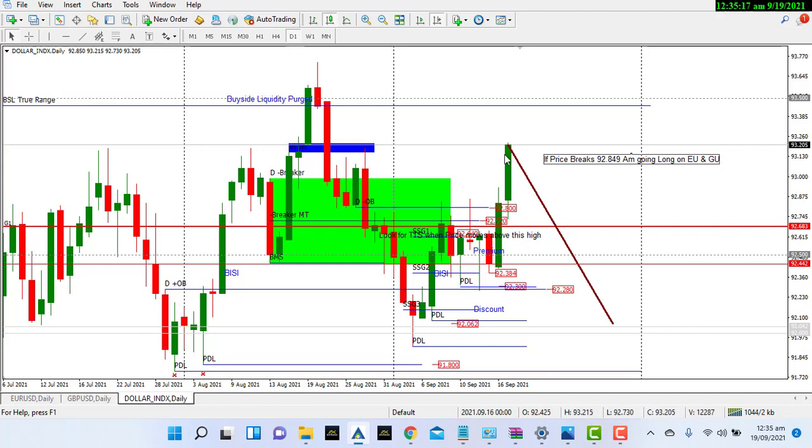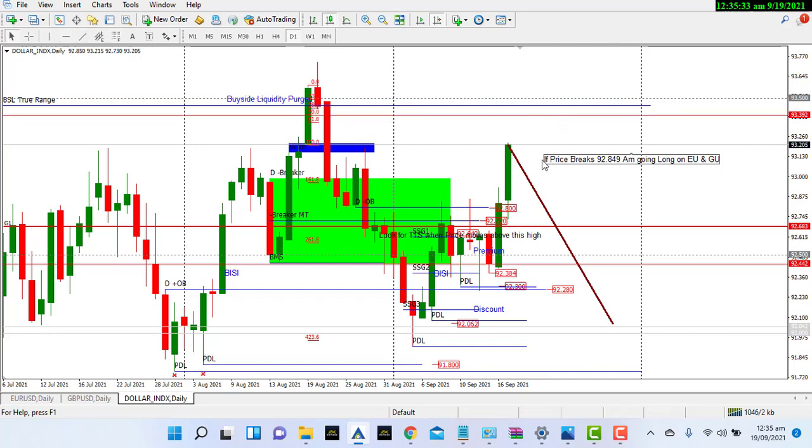I don't see price taking out this high or even moving up above half of this candle's range. About half, you have half here.